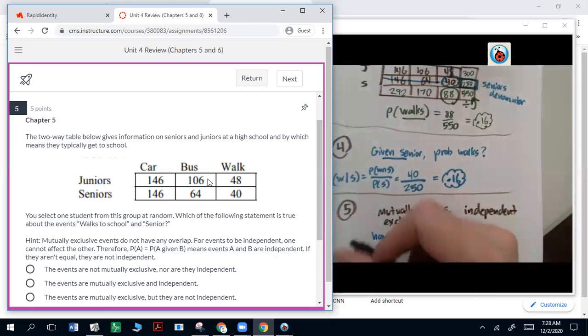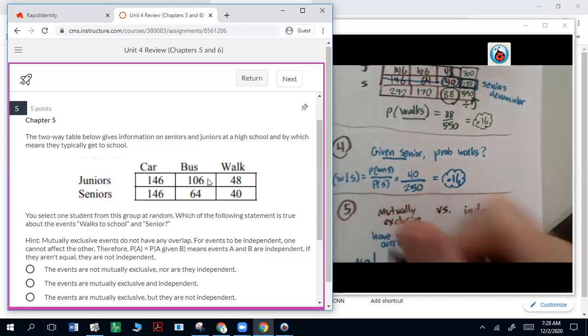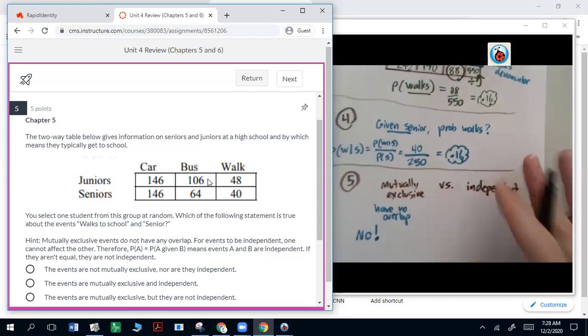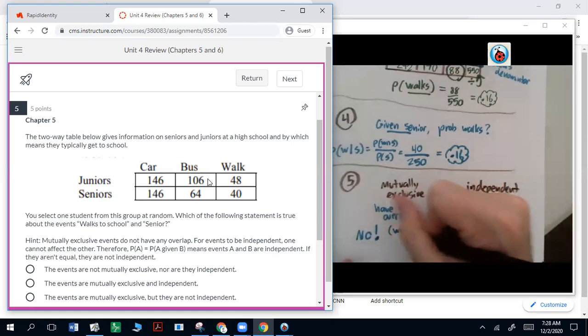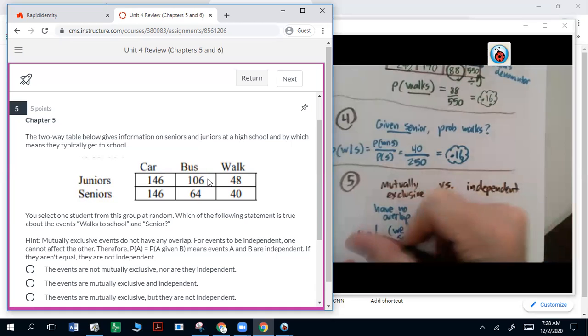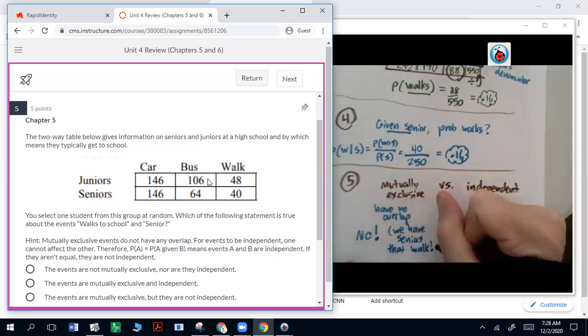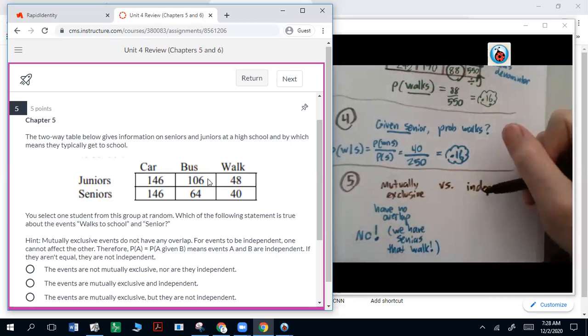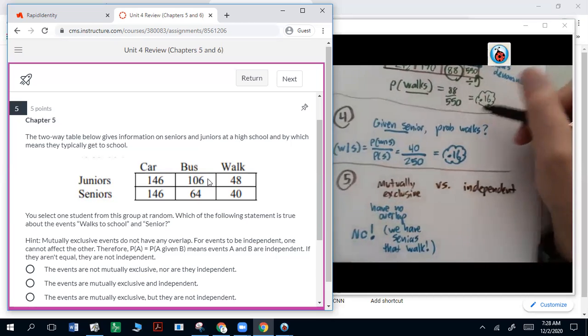We have seniors that walk. They're not mutually exclusive because we have seniors that walk. But they are independent because these two probabilities are the same.